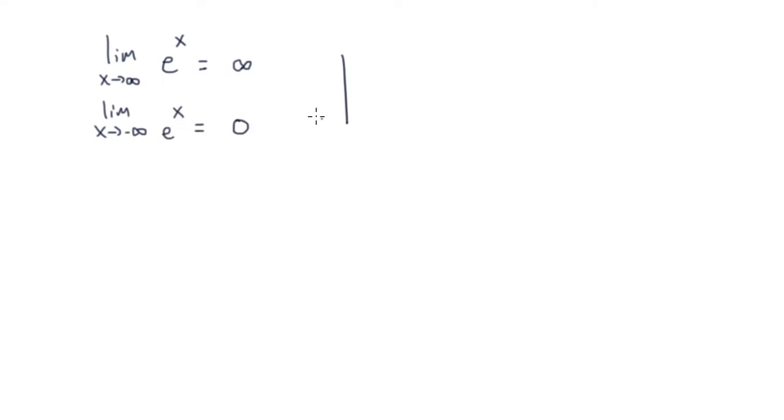And this is clear from the graph of e to the x. It's going off like that. It's leveling off to 0. So in other words, it has a horizontal asymptote at y equals 0. And it's growing exponentially, so it's going to infinity as x goes to infinity.